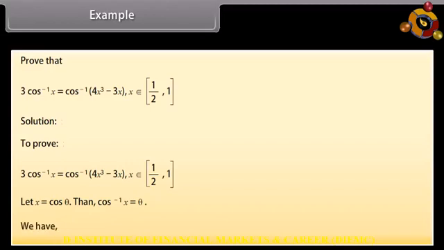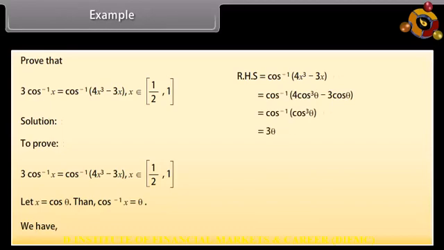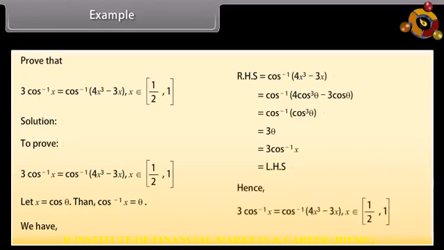We have the right hand side, cos inverse of 4x cube minus 3x, equal to cos inverse of 4 cos cube theta minus 3 cos theta, which is equal to cos inverse of cos 3 theta, equal to 3 theta, equal to 3 cos inverse x, which is equal to the left hand side. Hence, 3 cos inverse x is equal to cos inverse of 4x cube minus 3x, where x belongs to [1 by 2, 1].